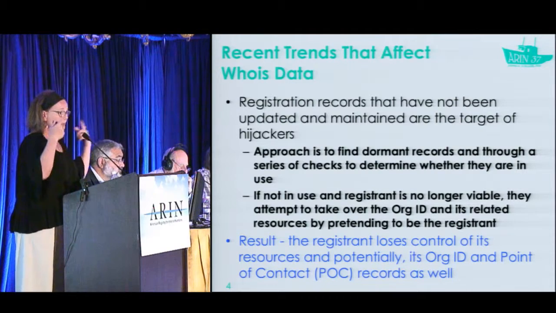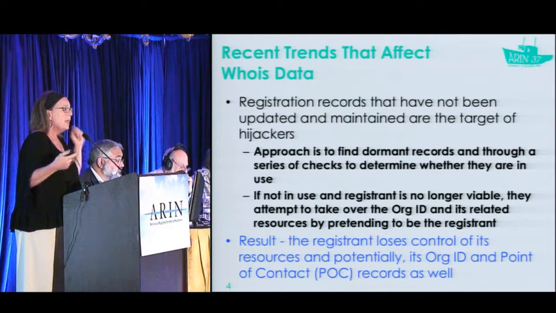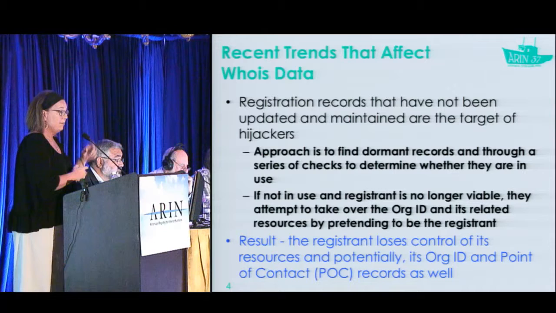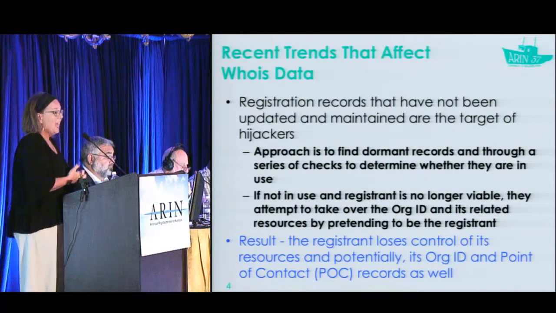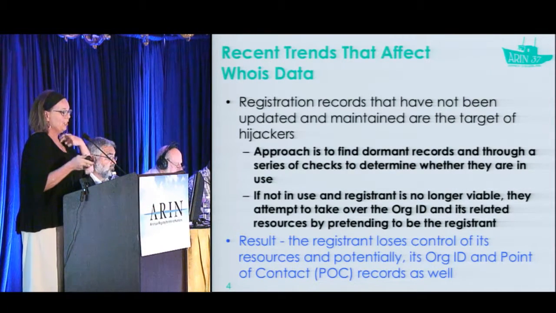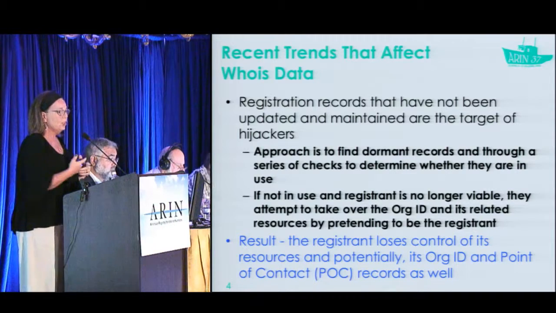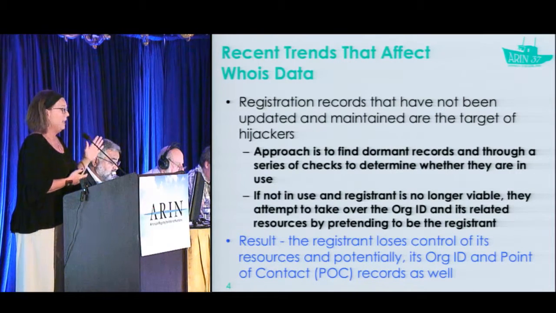They have a whole series of checks that they do. They're looking for dormant records, those that have not been updated in quite some time. They are looking for expired domain names. They're looking for companies that are out of business. They are checking routing to see whether a resource is being routed. They do all these checks to determine whether the resources are actually in use.